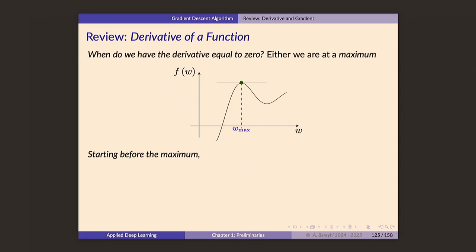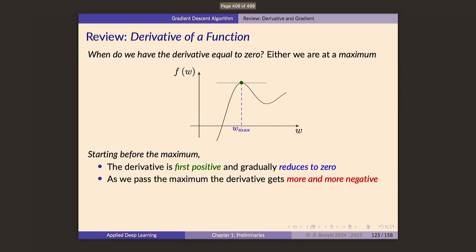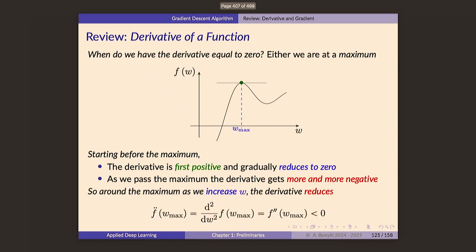Now, if I take the derivative of this again, would it be positive or negative? Negative, it's dropping, correct? So when you are at the maximum, your derivative is first positive, as you can see on the board, and then it gradually reduces to 0 where you touch the maximum. And after that, it's going to be negative because your function is decreasing. And if you again take a derivative of this, that should be negative. So your second derivative is going to be negative.